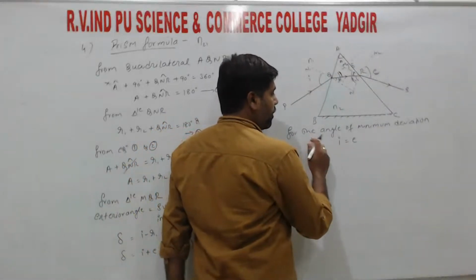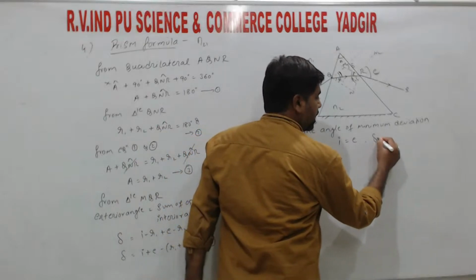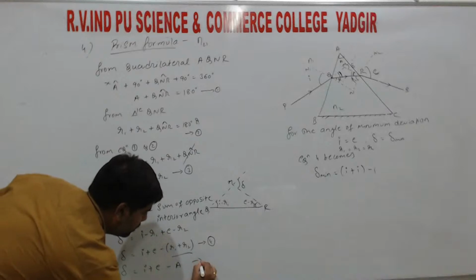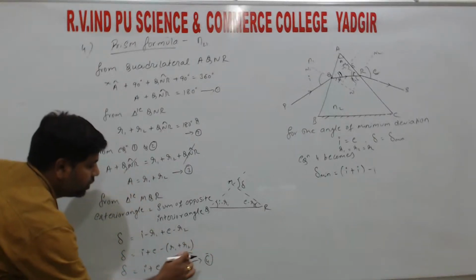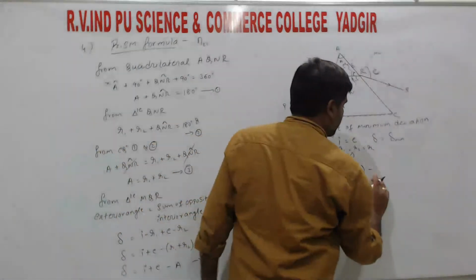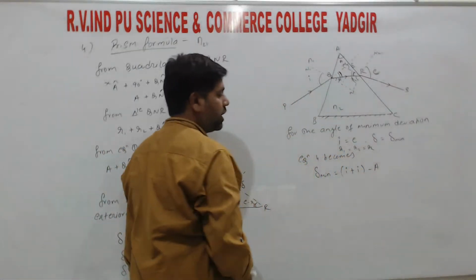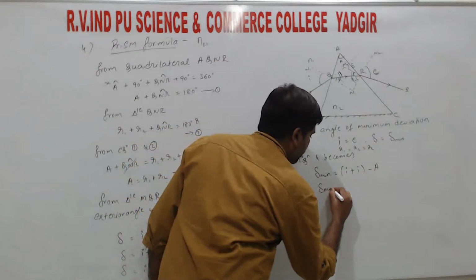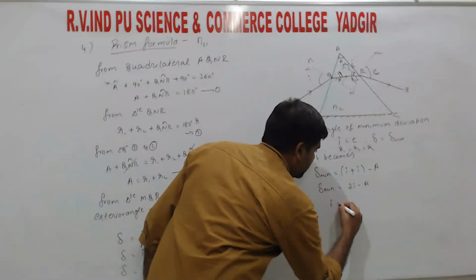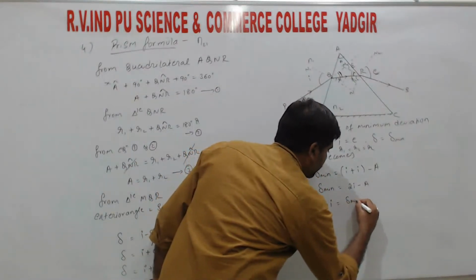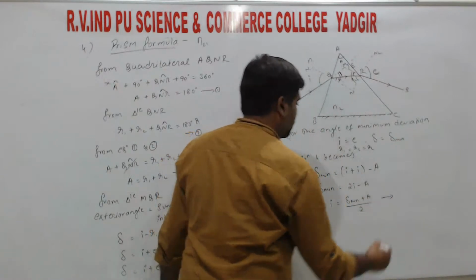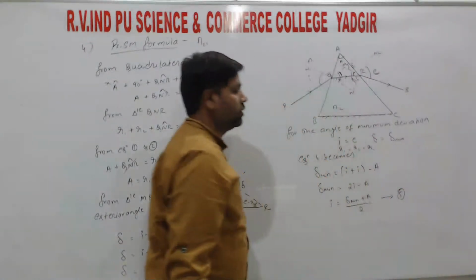So when I is equal to E, substitute I plus E as 2I. Delta minimum is equal to 2I minus A. So we need I, so I is equal to delta minimum plus A whole divided by 2. Calling this as the fifth equation, right?